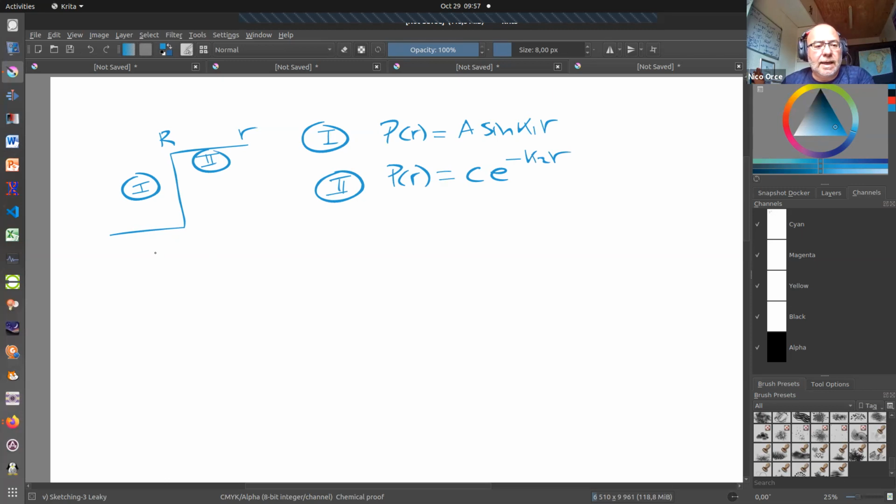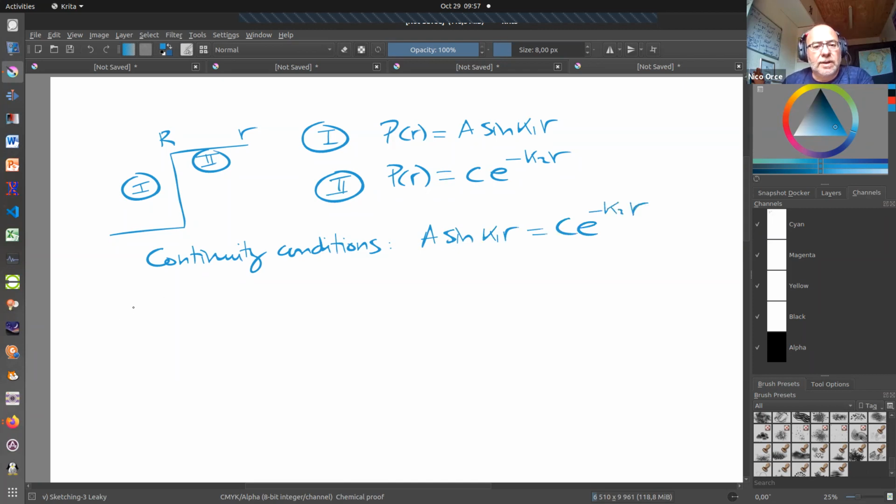And the continuity conditions, we have done already the boundary conditions, tell us that 1 and 2 must be equal in this case. So A sine of K1R is equal to C e to the minus K2R.